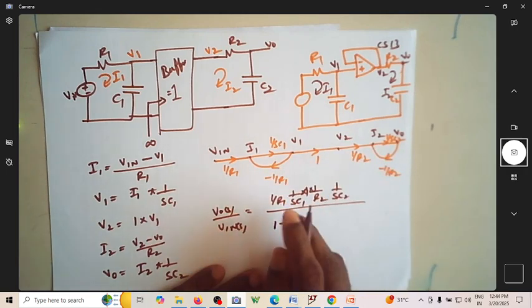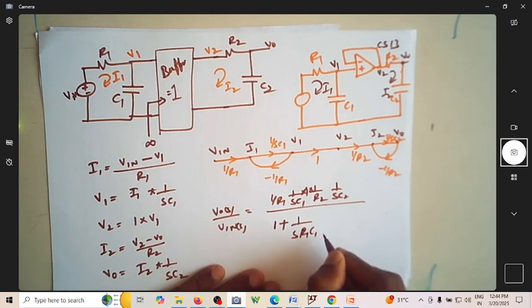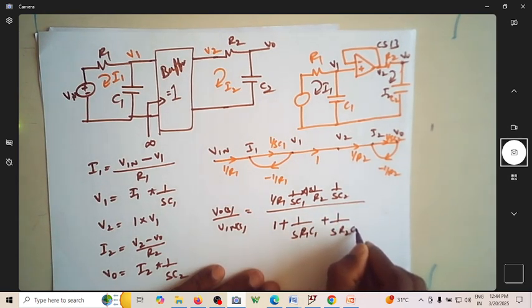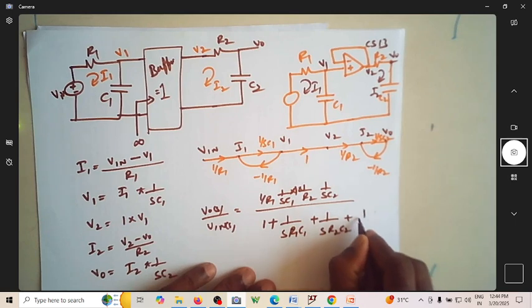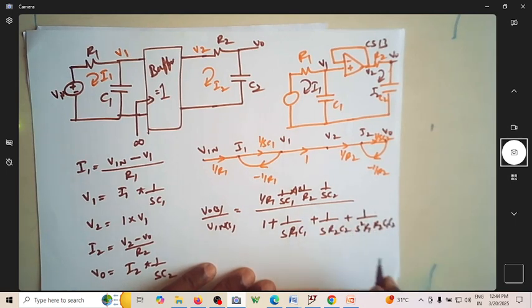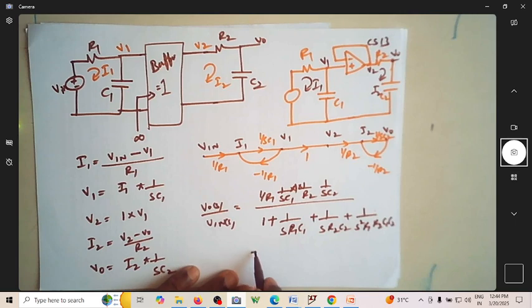It is 1 plus, let me take out the negative sign of both loops, 1 over S R1 C1 plus 1 over S R2 C2, and since these two are not touching, you get one more term, which is 1 over S square R1 R2 C1 C2. Take the LCM and rearrange this.